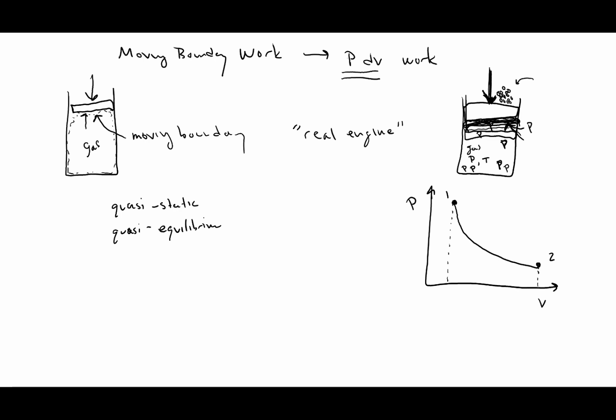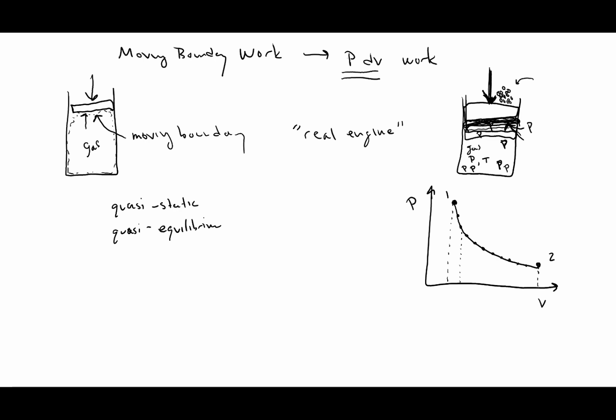And if we say that this process is quasi-static or quasi-equilibrium, what that means is that every point along this path is an equilibrium state. So in other words, when we're right here, we're at an equilibrium state.